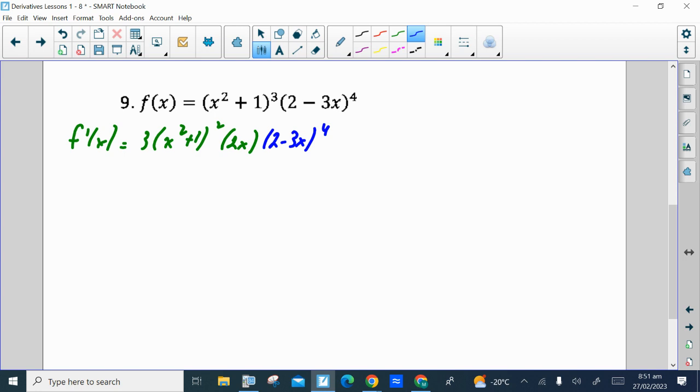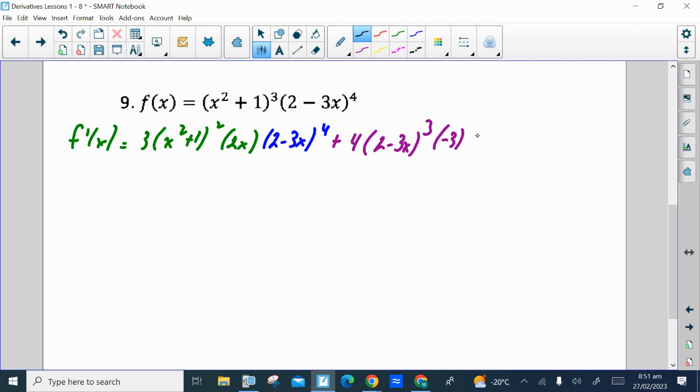Derivative of the first factor times the second factor. Plus, now we have to take the derivative of the second factor, which once again will involve the chain rule. Chain rule has 2 parts to it. You use the power rule first as the first part of the chain rule, but then you're also multiplying by the derivative of what's inside the bracket, which would be negative 3.